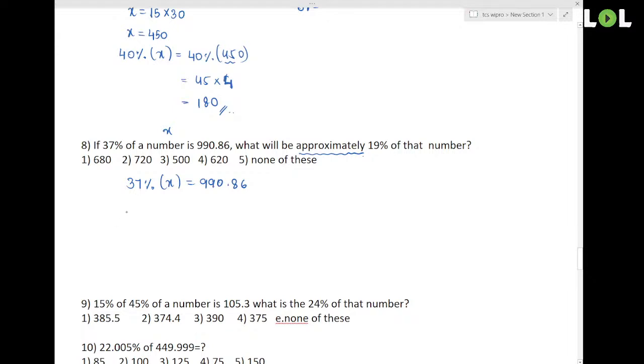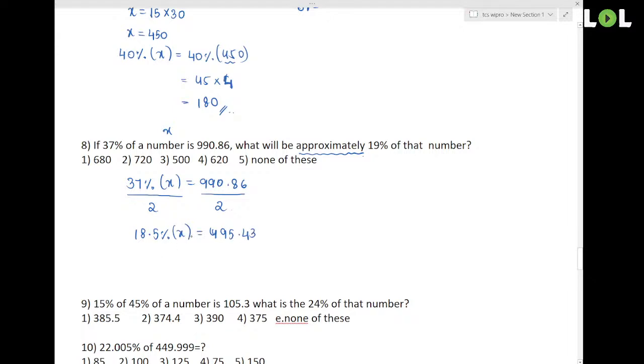Approximate value. So what can I do here? If I divide by 2 on both sides, what do we get? 18.5% of x is equal to 495.43.